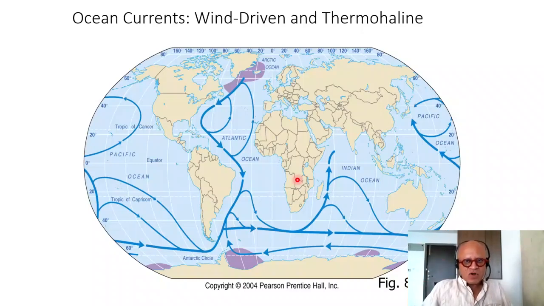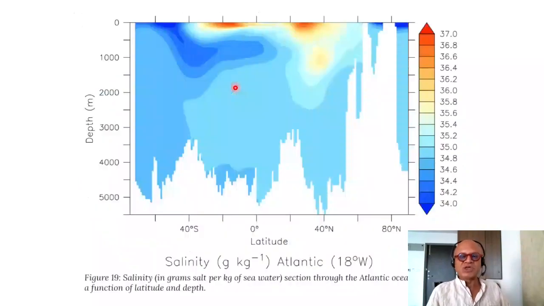So heavier waters are mixed with lighter waters, with even lighter waters. So slowly over hundreds and thousands of years, that water gets converted back to surface water, comes back out, and then goes back to the formation sites.